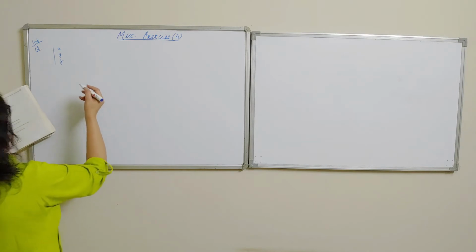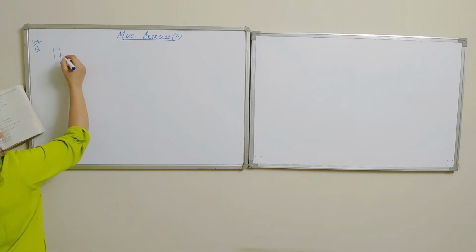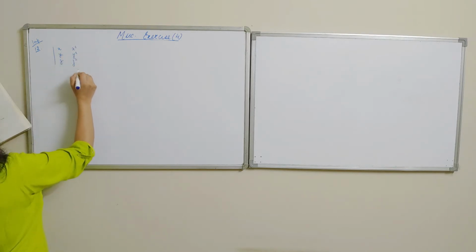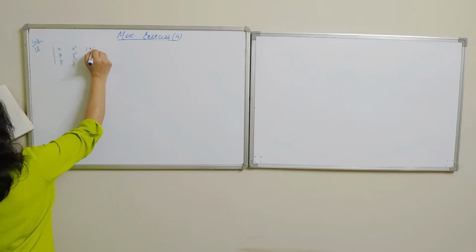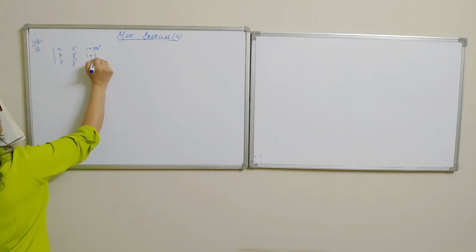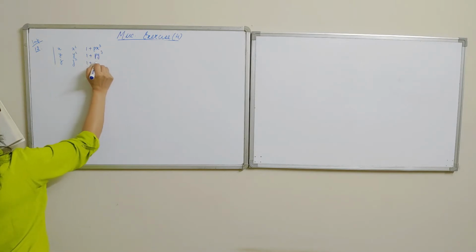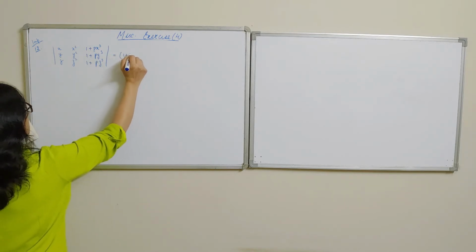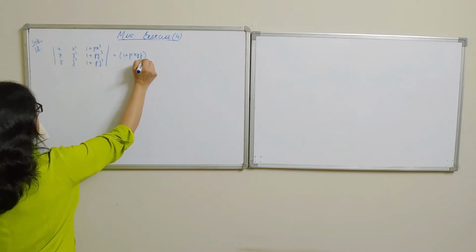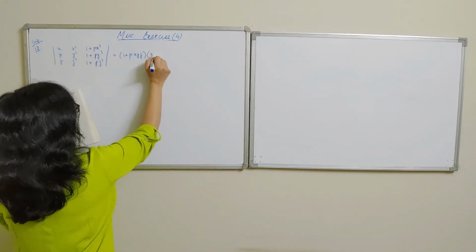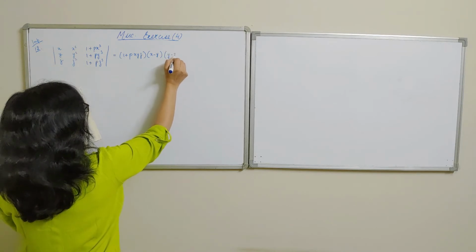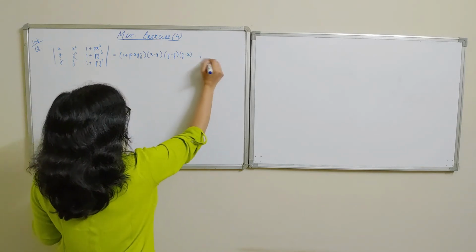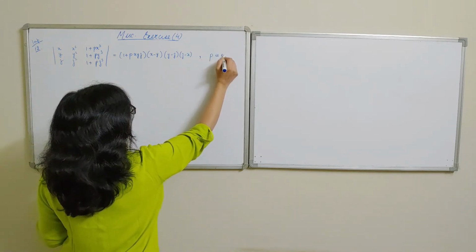So using properties of determinants, prove that this determinant, which has first column x, y, z, second column x square, y square, z square, and the next column is 1 plus px cube, 1 plus py cube, 1 plus pz cube, and this is equal to (1 plus pxyz) into (x minus y) into (y minus z) into (z minus x), where we are given that p is any scalar.